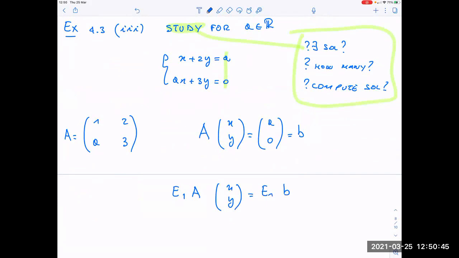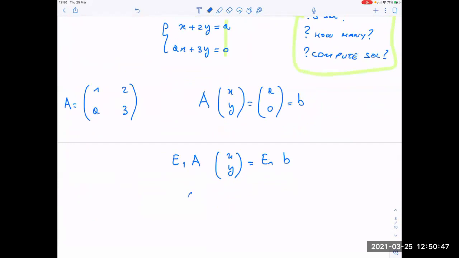So people will say, well, then I work with a larger matrix, 1, 2, A, 3. I put a dashed line here to remember this is column B. This is something we will see in detail in the future, but this is just matrix A, and then you also put column B there, because when you apply an elementary operation to A, you also apply it to B. Simply that.